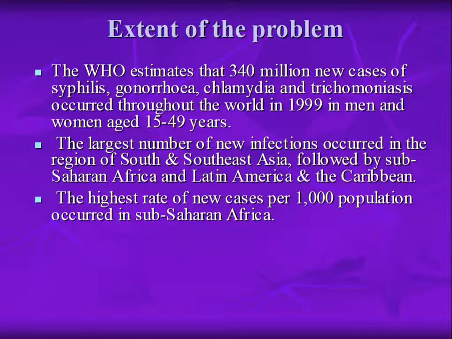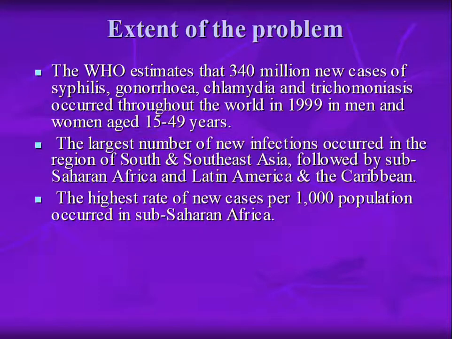Now the extent of the problem. The WHO estimates 340 million new cases of syphilis, gonorrhea, chlamydia, and trichomoniasis occurred throughout the world in 1999 in men and women aged between 15 and 49 years.